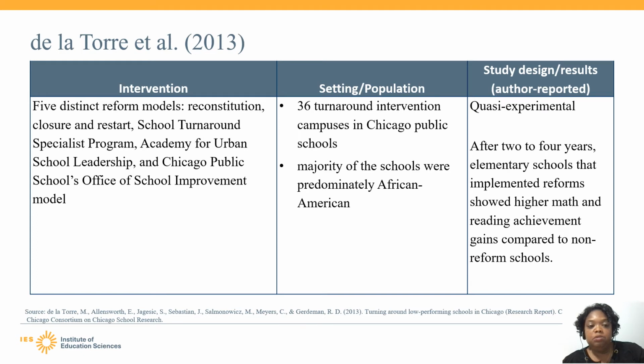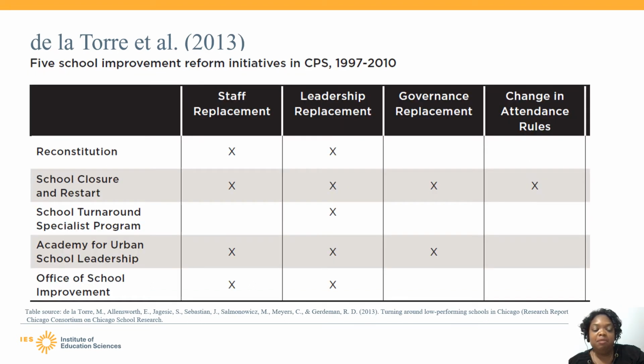Again, the population was 36 intervention campuses, and the majority of the schools were predominantly African American. The study was quasi-experimental, and after 2 to 4 years, elementary schools that implemented reforms showed higher math and reading achievement gains compared to non-reform schools. This table displays the 4 school policy changes that were required as a part of the reform models.